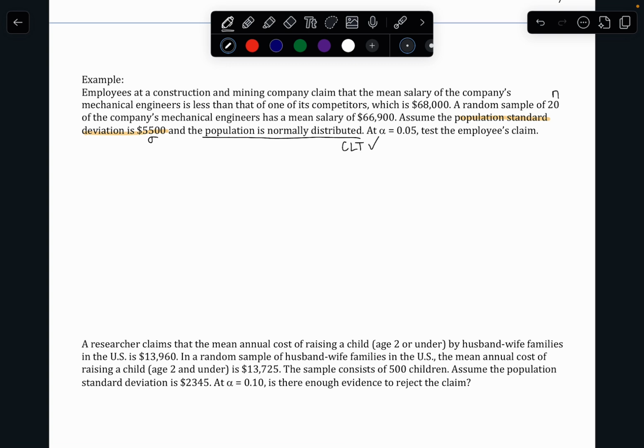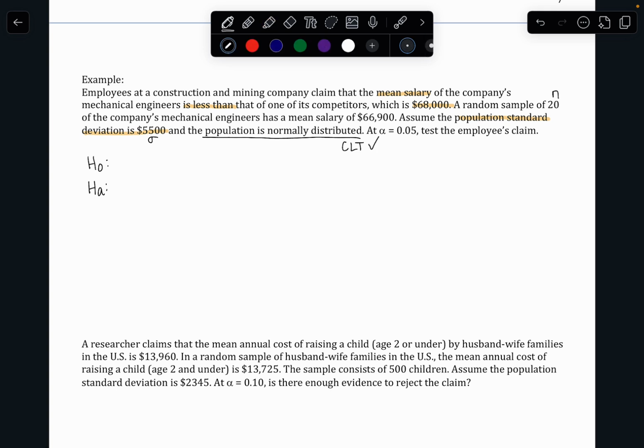So now we're going to state our claim and both of our hypotheses, the null hypothesis and the alternative hypothesis. So our claim was that the mean salary is less than $68,000.